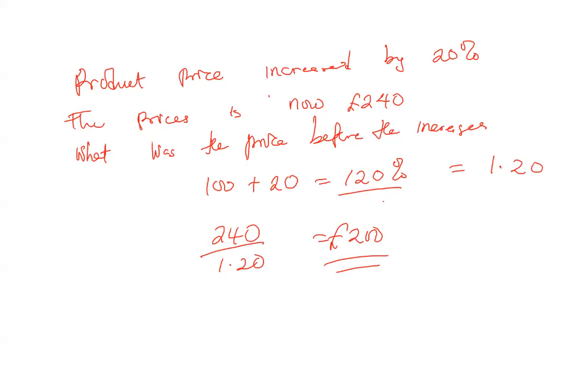So key things you have to know is this: we covered. It's already recorded. Can I ask a question? All right. How did you get 200? Yes. What is 240 divided by 1.20 on your calculator? Okay, just bear with me. Are we allowed to use a calculator?